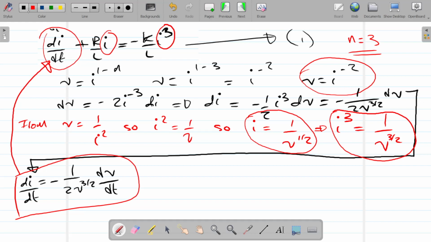So let's do that. I'll write this in green.